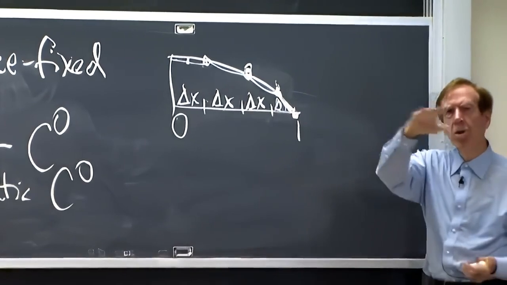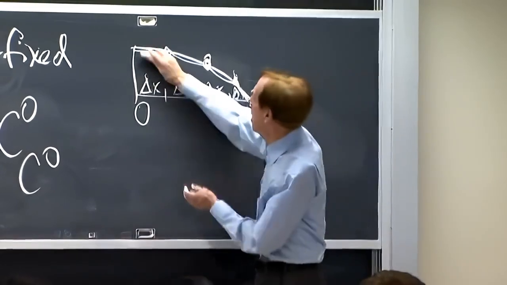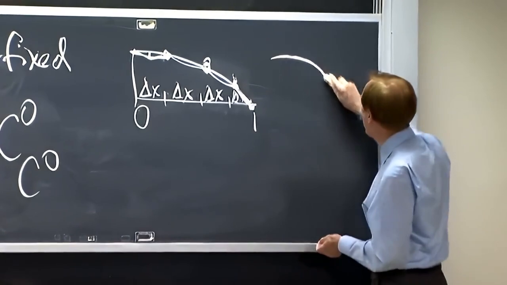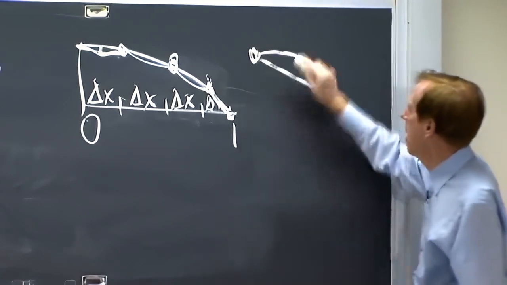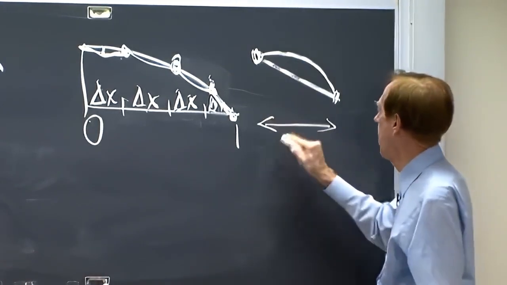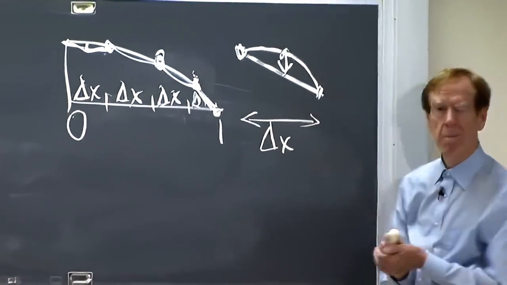How far does a curving function escape? I need to blow that up, don't I? So I have a curving function and a linear function, and I want to know how far apart they are over a distance of length delta x. What's this scale?